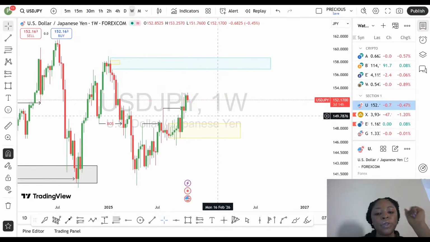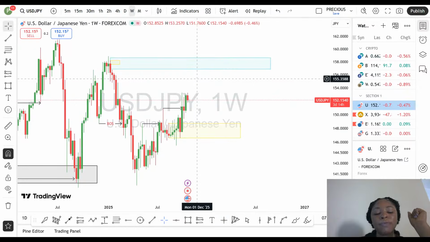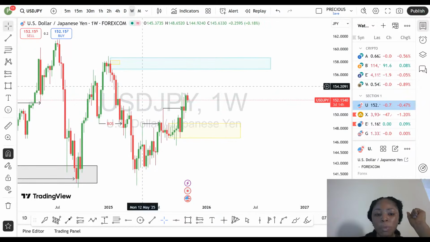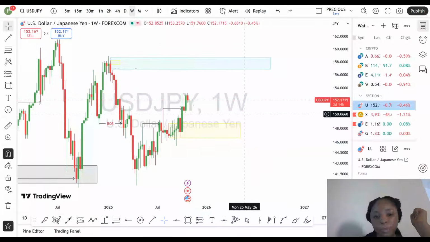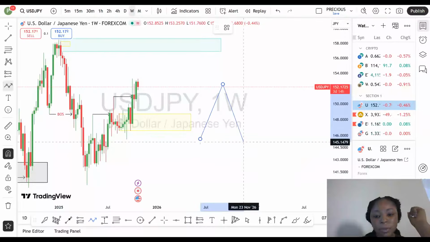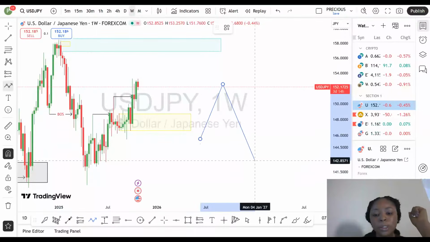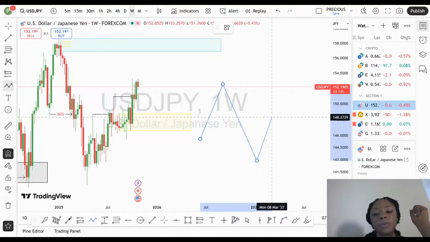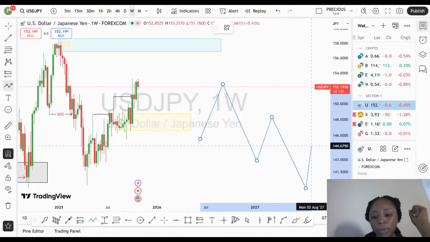But that doesn't mean we are not going to be having buys, as the market is going to sell from here. We have this high, the sell will be longer, and then the market will go into this level again to mitigate another block.